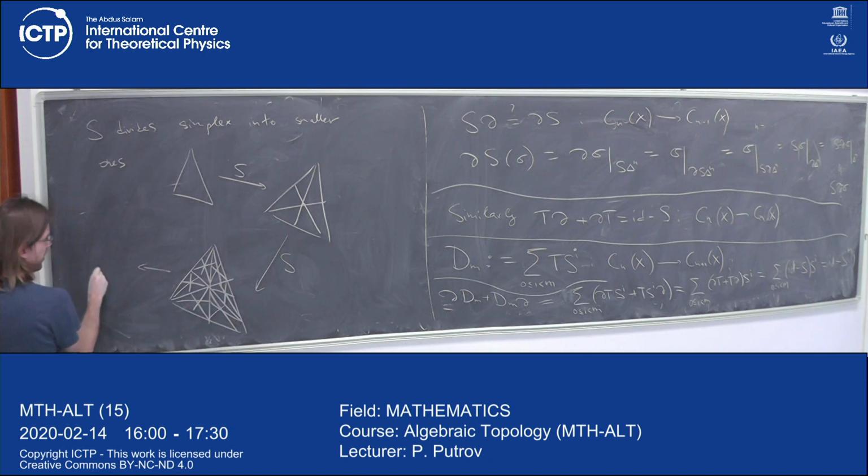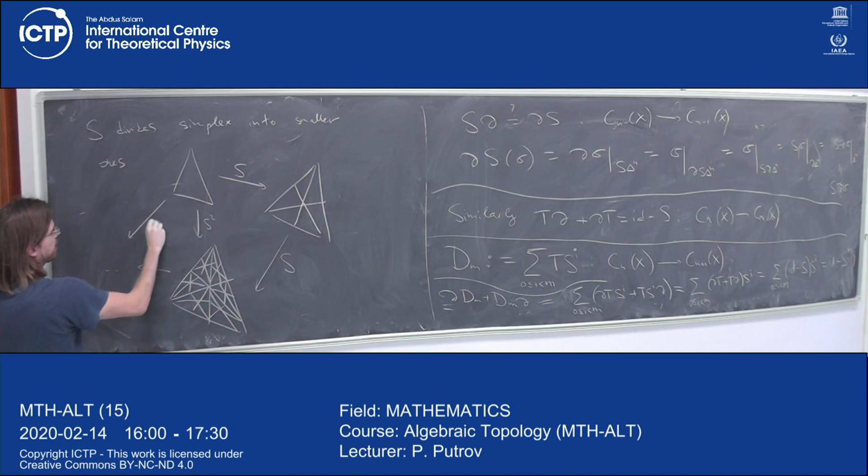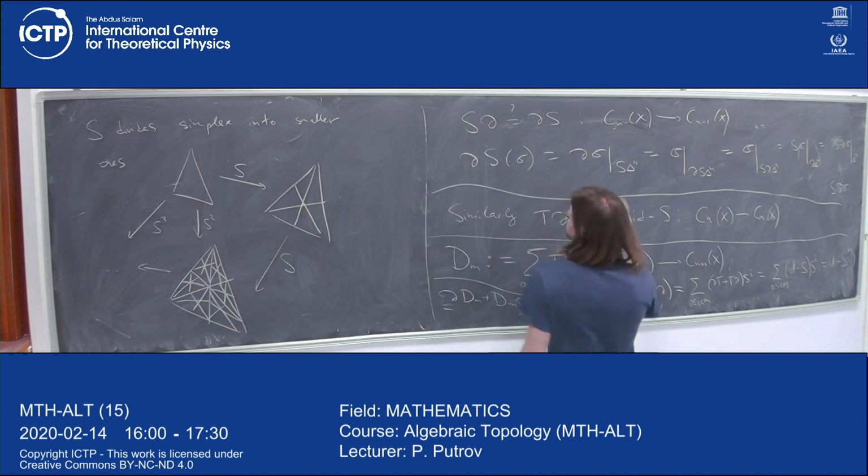And so on. So this is S squared, this is S cubed, and so on. So if I take a high enough power of S, this subdivides my simplices into very small ones.